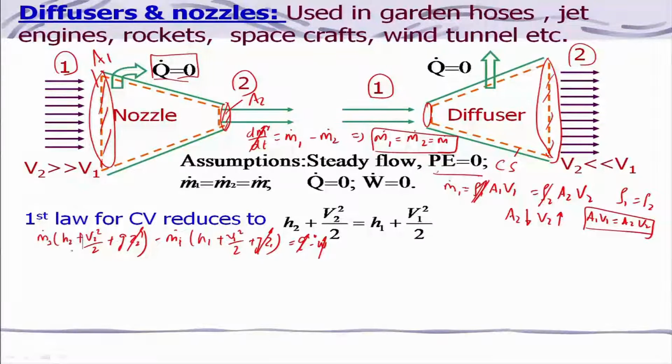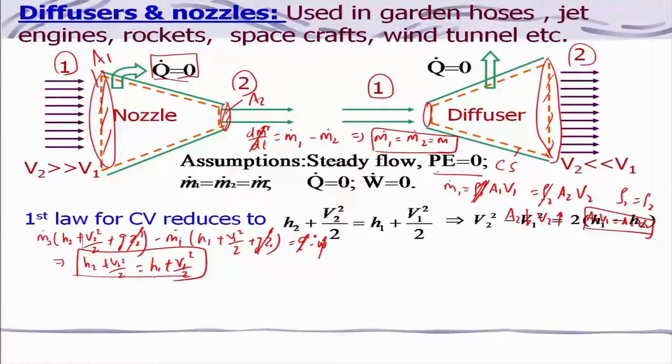Then, dividing by m-dot, you get this expression: H2 plus V2 square by 2 is equal to H1 plus V1 square by 2. So, this is the expression we can get.